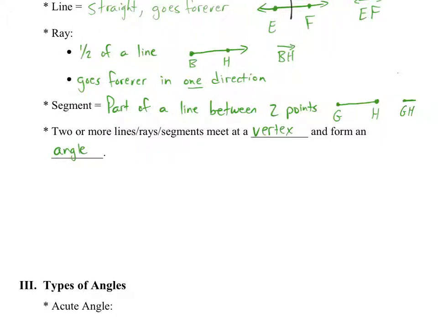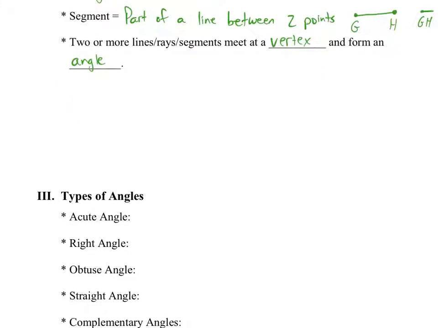So I'm going to try to draw something down below. I'd encourage you to try to copy it as best as you can. I'm going to start with just a line that goes on forever, kind of going up and to the right. And I'm going to put a point E kind of in the bottom part of that line. And starting at E, I'm going to make a ray that goes kind of down and to the right.